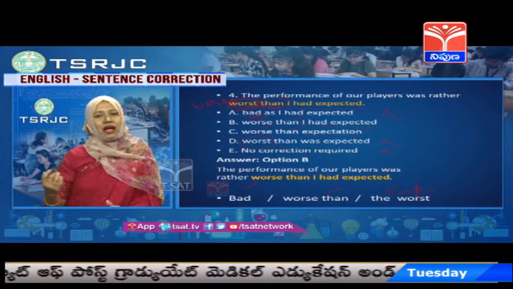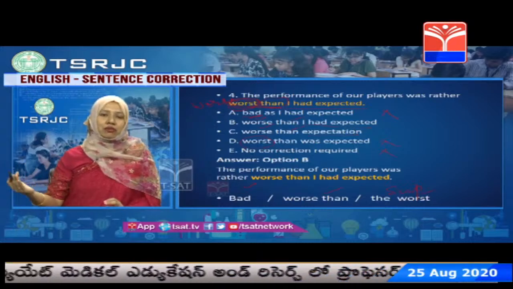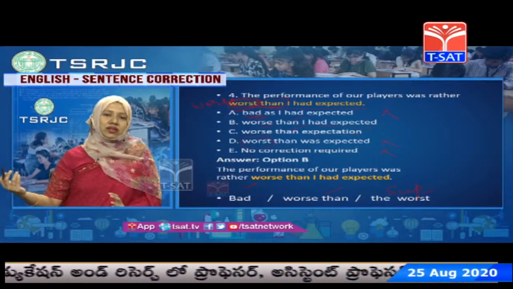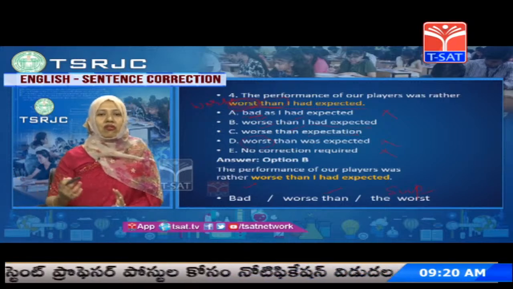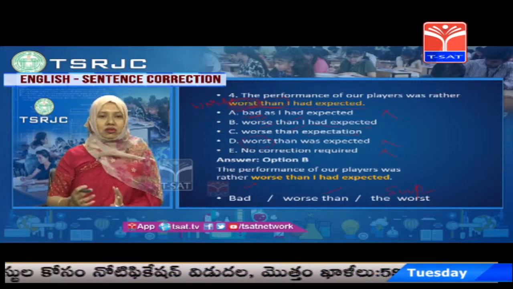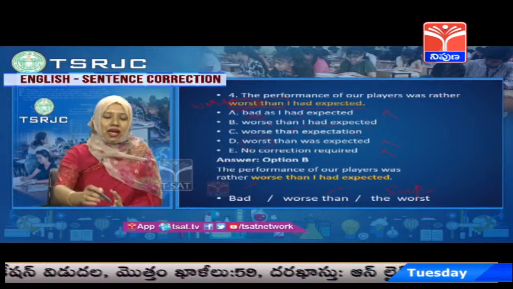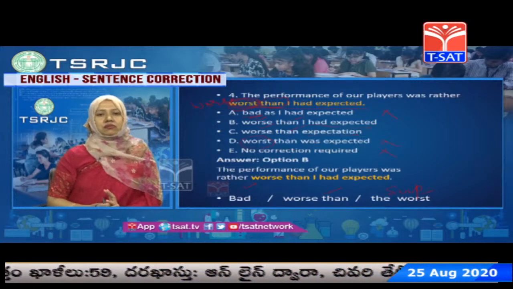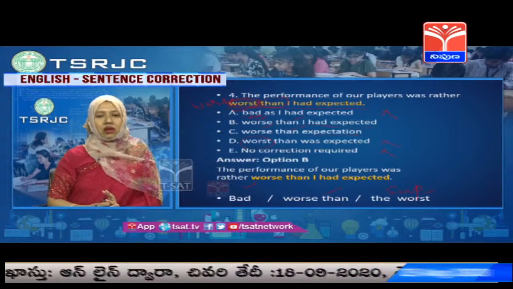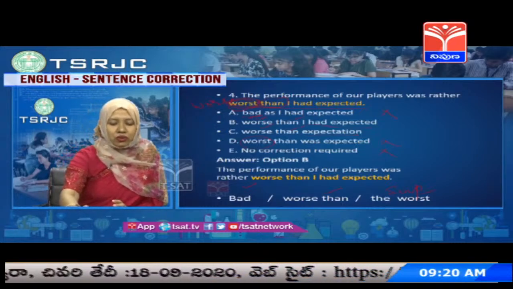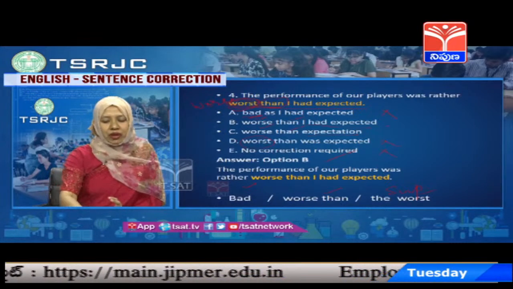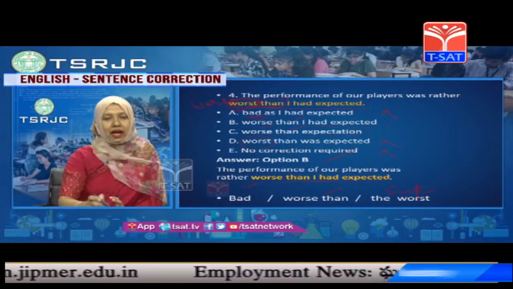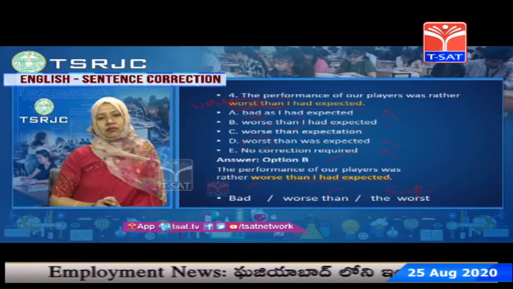I had expected them to do better or win some match, but they have performed worse. So, the correct option is option B. The performance of our players was rather worse than I had expected.